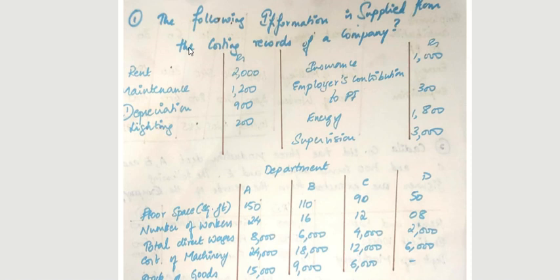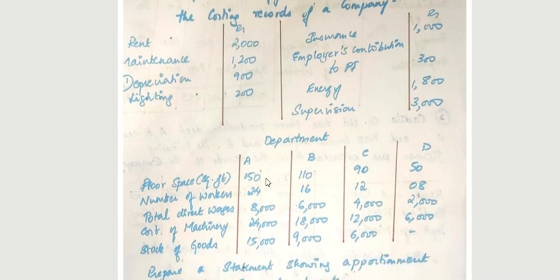Our first question: the following information is supplied from the costing records of the company. They have given all the expenses: rent, maintenance, depreciation, lighting, insurance, employees' contribution to PF, energy and supervision.